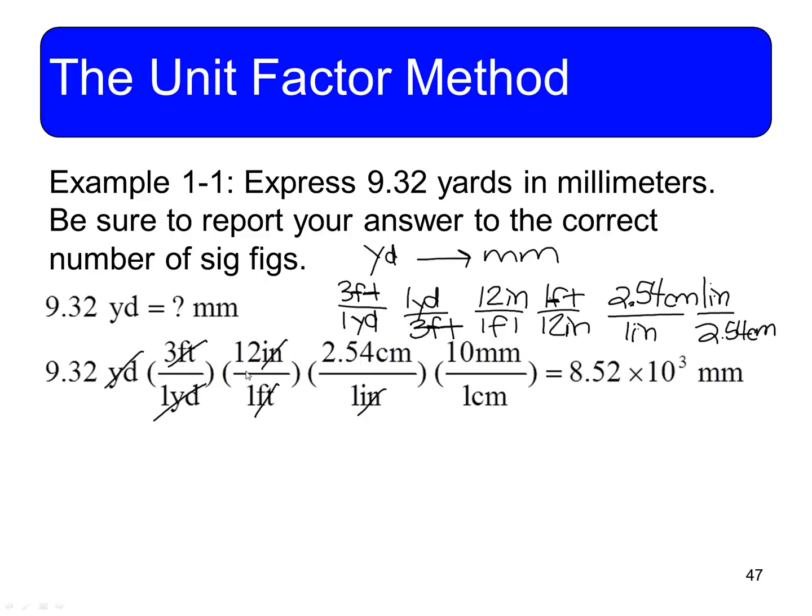Okay, and if you look at your list, you'll see that in 1 centimeter, there's 10 millimeters. Okay, and then you multiply everything on top. So you would take 9.32 times 3 times 12 times 2.54 times 10. And then here it would be divided just by 1, because you have 1 times 1 times 1 times 1.